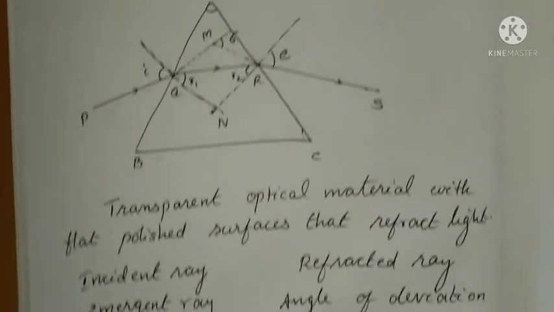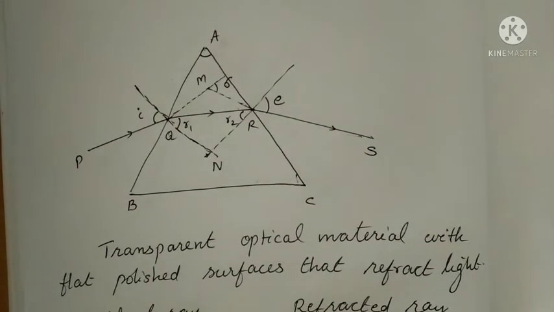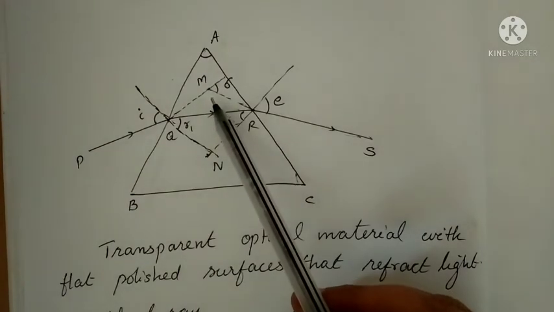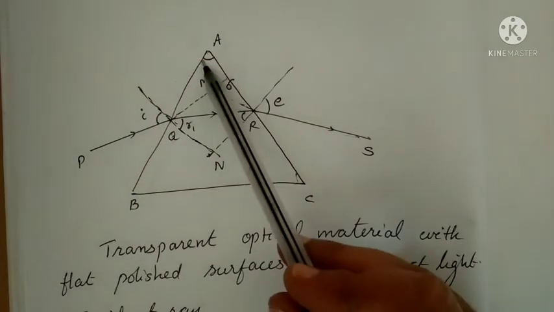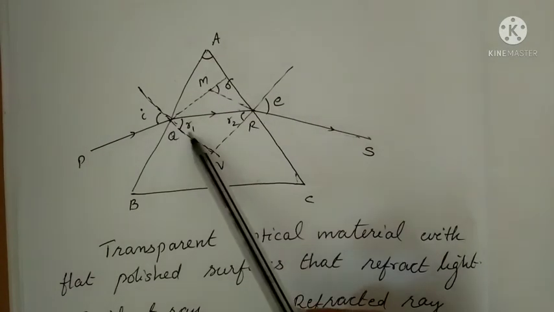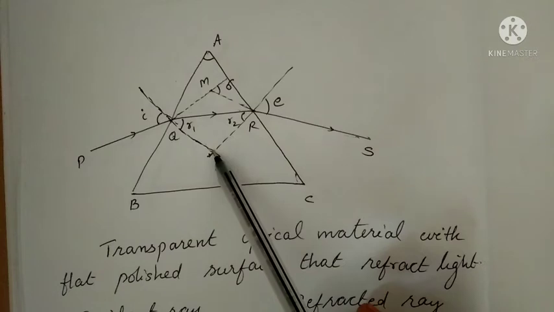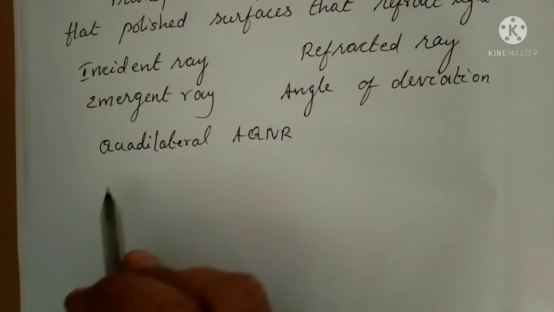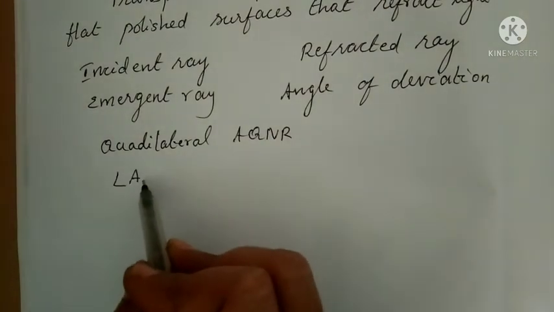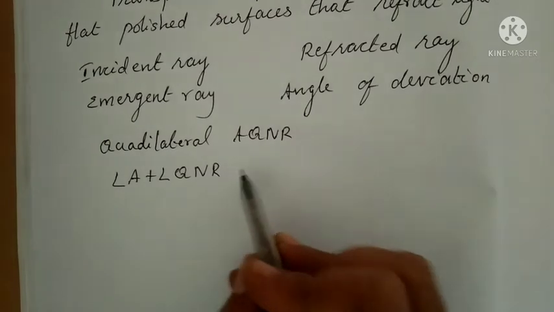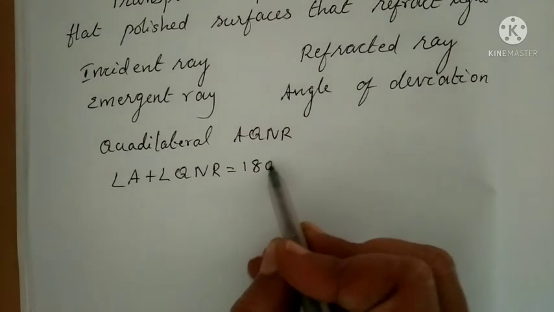There you know that in any quadrilateral the sum of the opposite angles is equal to 180 degrees. So here angle A and angle QNR are opposite angles, so their sum is equal to 180 degrees. So we can write angle A plus angle QNR equal to 180 degrees.